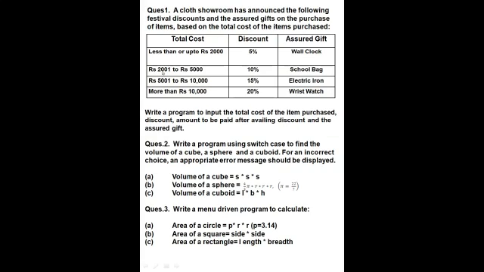If total cost is 2001 to 5,000, then discount will be 10% and assured gift a school bag. Then discount will be 15% with an electric iron, and more than 10,000, 20% and a wristwatch. Write a program to input the total cost of the item, discount, amount to be paid after availing the discount, and the assured gift. You will do this type of question.